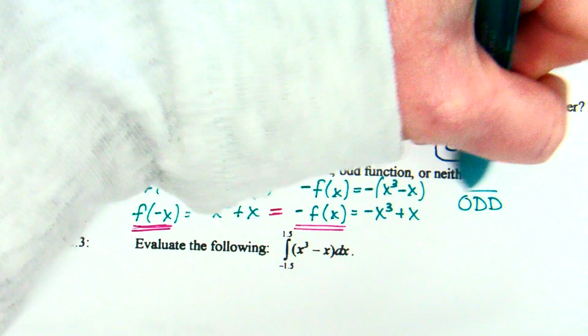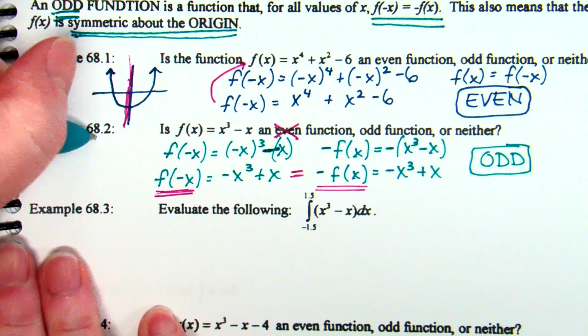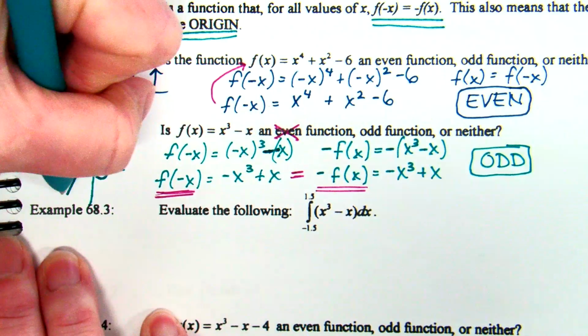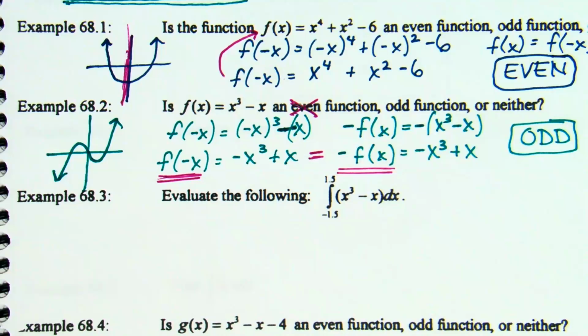Did anyone graph the original? No. Never. Well, let me show you at least a sketch of the original. If you were to graph the original, it would look something like that. Because I want you to physically see what it means to be symmetric around the origin.